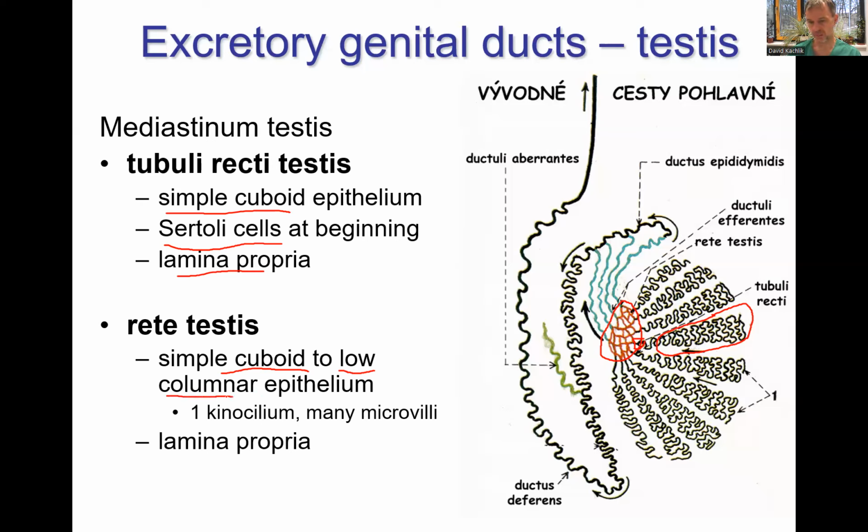Now the speed of sperms has to be elevated, so we have kinocilia here, but not many, only one kinocilium on one cell. And this is the place where they leave the testis and they enter the epididymis, which is only a system of canals lying on the testis but being morphologically separated.